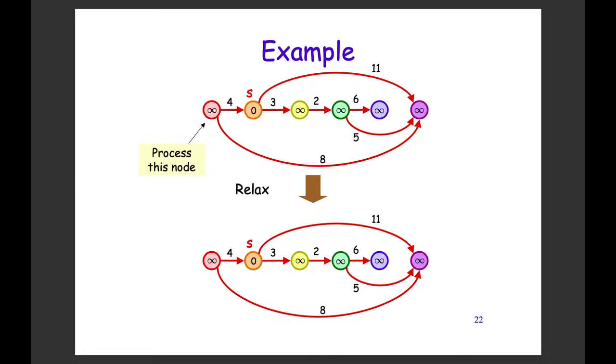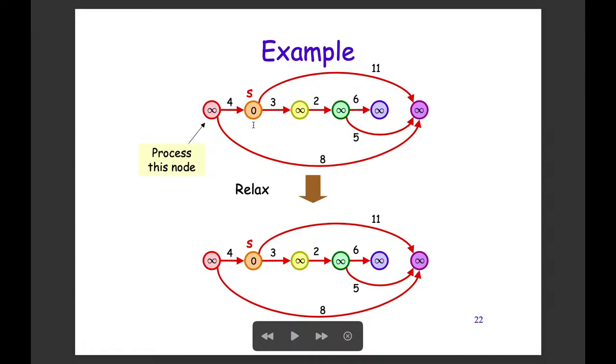But after that, what we can do here is we process the vertex one by one. So this is infinity. And then whenever we process a vertex, we can perform the relax operation. So we know that the distance from S to this vertex is correctly set to be infinity. So once it is known, then we know that there is a way from this vertex to S using 4 plus infinity, and from this vertex to the last one using infinity plus 8.